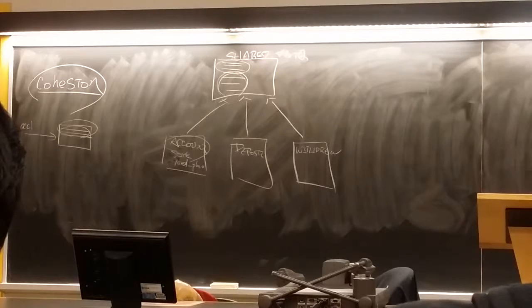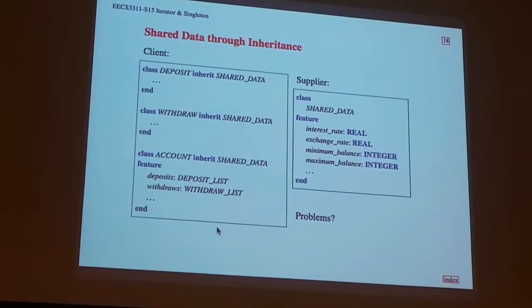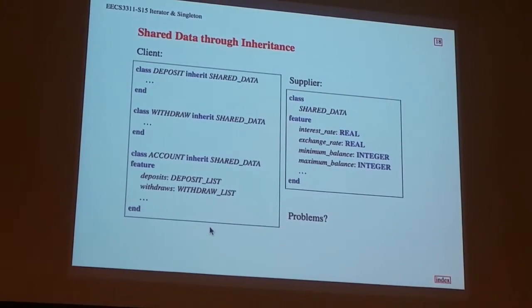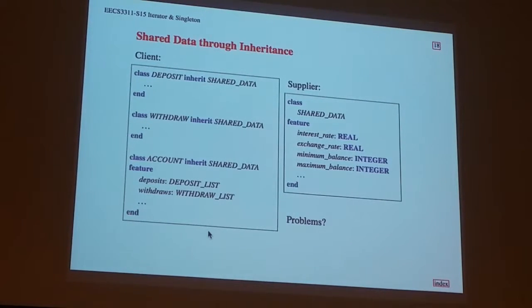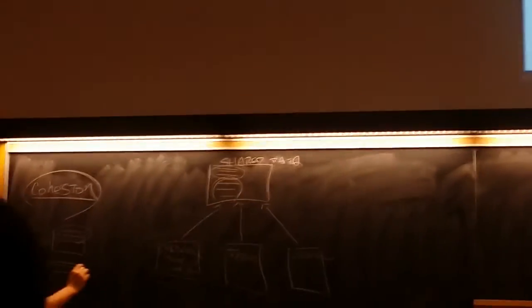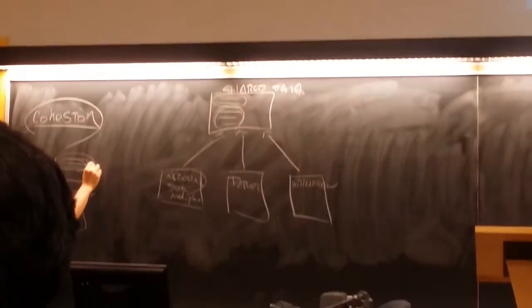The second point is the assumption that these data here don't change is unrealistic. Who told you that the exchange rate would never change? That would be very unrealistic. So let's say we have 2 accounts. Each one of them has a separate copy of the exchange rate.